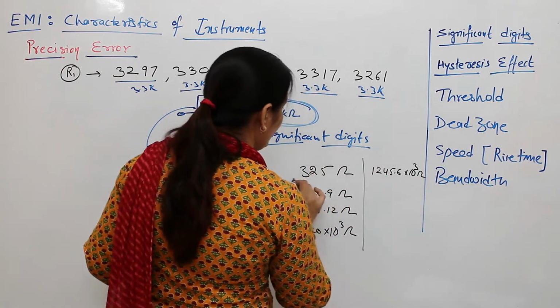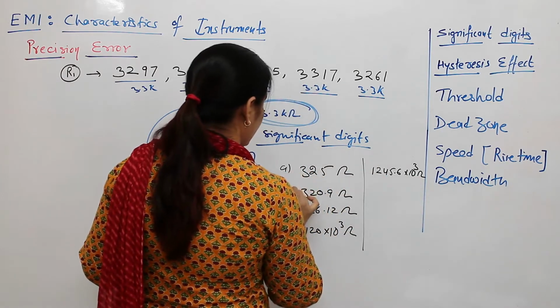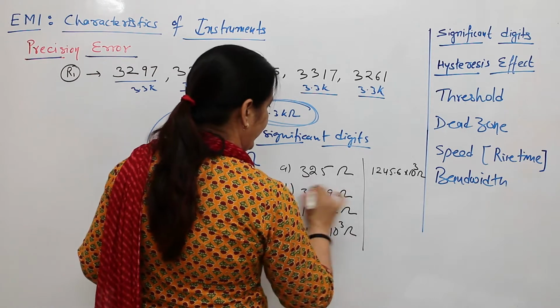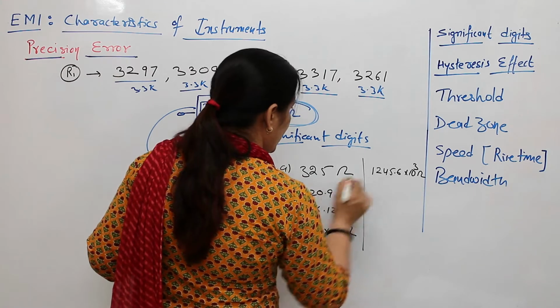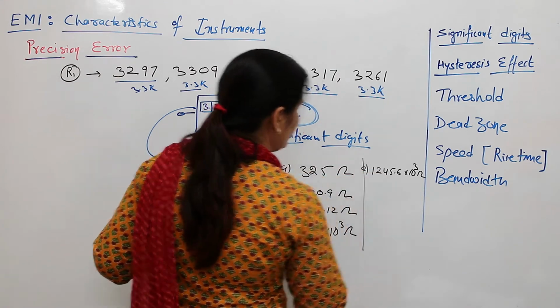These are a few readings, and there may be a match the following, where the number of significant digits is given in the second column and you are asked to match the number of significant digits.